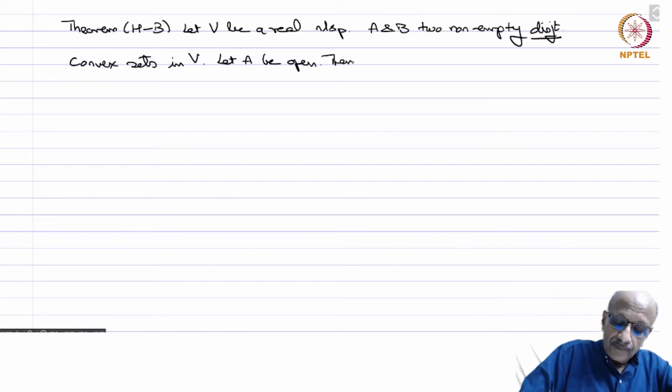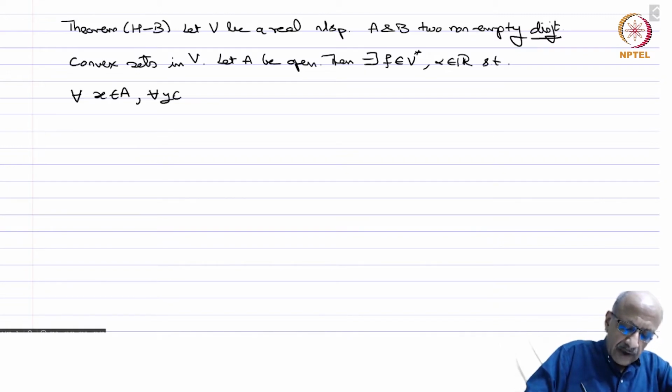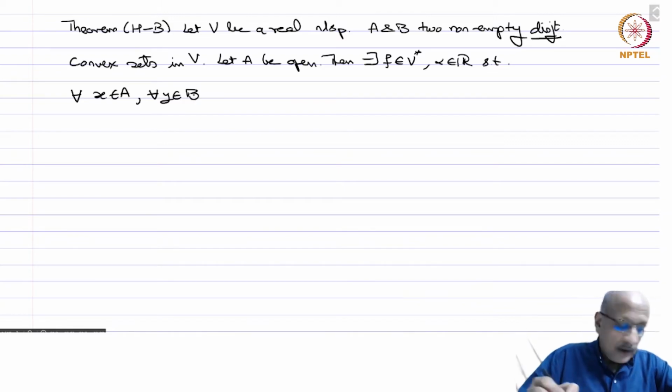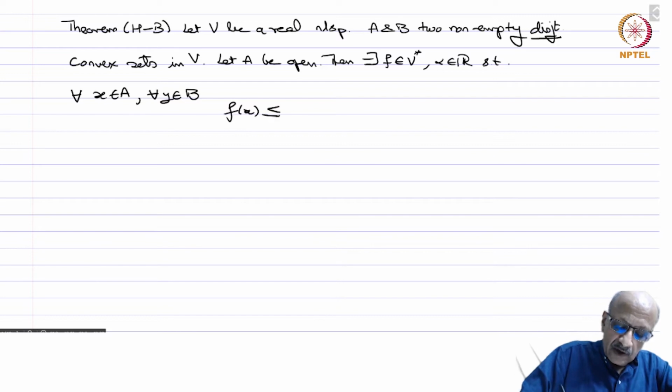Then there exists f in V star and alpha in R such that for all x in A and for all y in B, we have f(x) is less than or equal to alpha less than or equal to f(y).